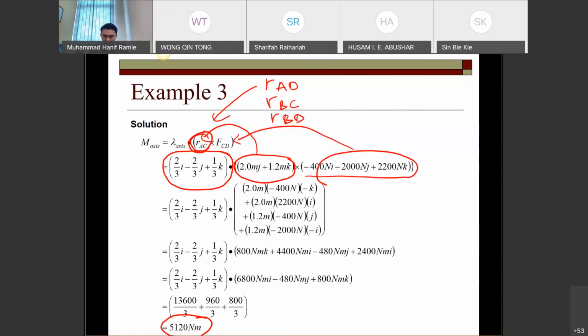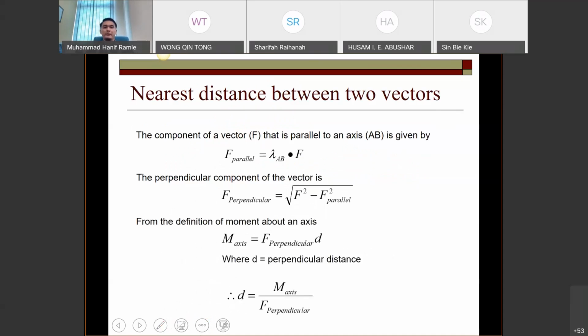Is there any more question? No. Okay, let's proceed to the next one. The next one is regarding the nearest distance between two vectors.